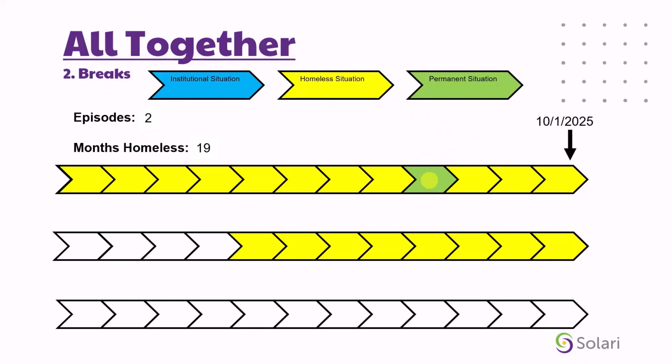And if we recall, a break for a permanent situation is a stay of 7 days or more. So since this stay was 30 days, it definitely constitutes a break. And so we now are counting 1 episode of homelessness here for these first 3 months and another for these 16 months prior to their stay with their brother.